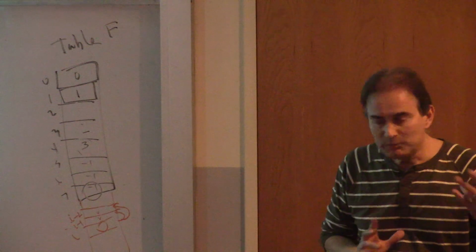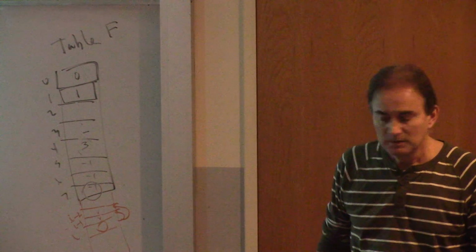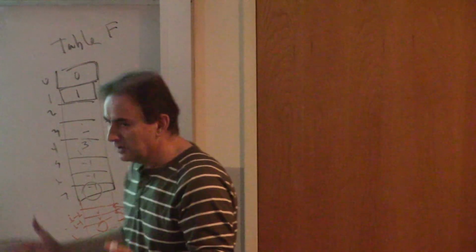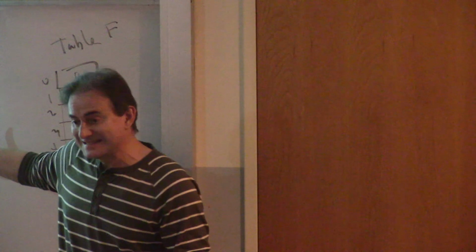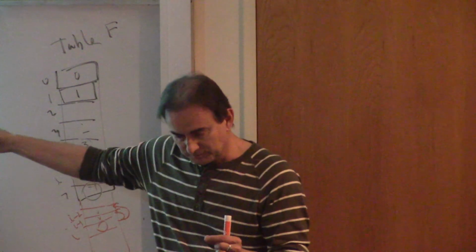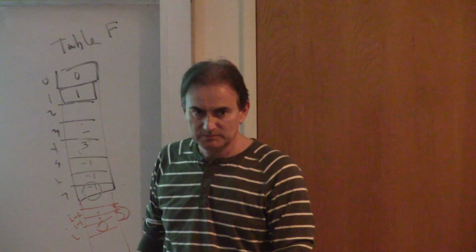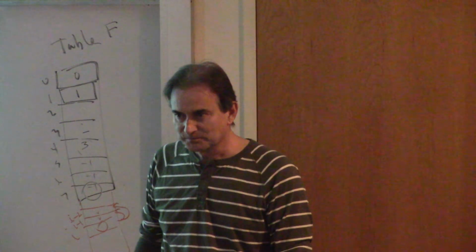Well, if I build it carefully, it looks like I only require 3 operations for each cell. So therefore, the complexity of any algorithm that is driven by this table is going to be bound by theta 1 times the number of cells. Because 3 is 1 in theta notation.